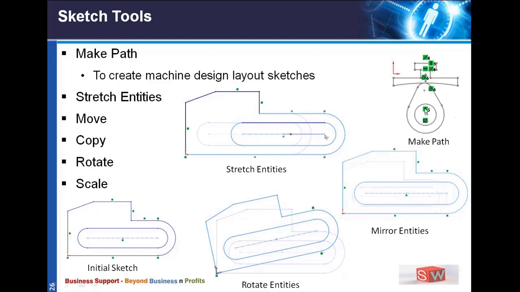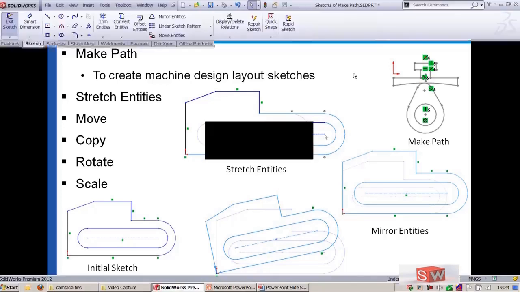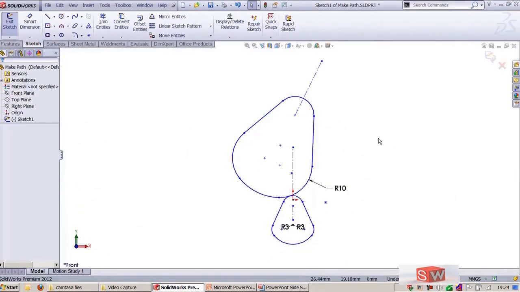Here is a sketch which shows a cam and a follower which is driven by make path relationship. Let's go into the software, and I created some sketches already, and we are going to apply path constraint and see the change.